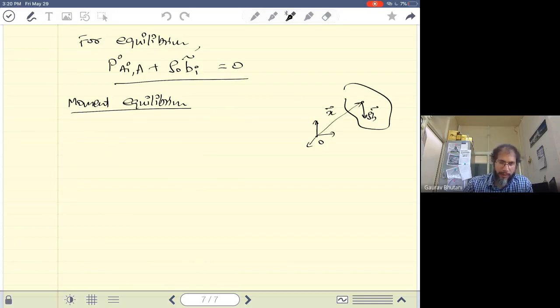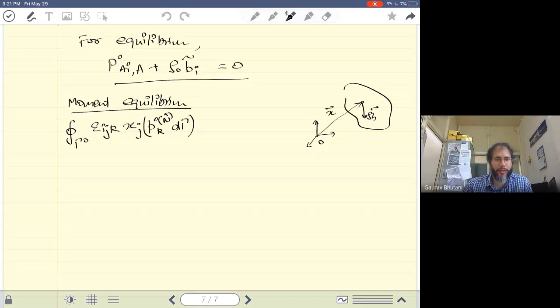So when we write the net torque because of surface forces, we get the integral over gamma naught, the cross product between the position vector xj and the stress vector, which is P naught k n hat d gamma. So this term P naught n hat d gamma is your stress vector. This is the torque because of the surface force, and then we integrate this torque over the complete surface.